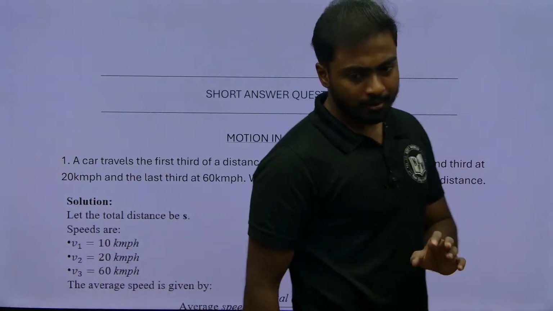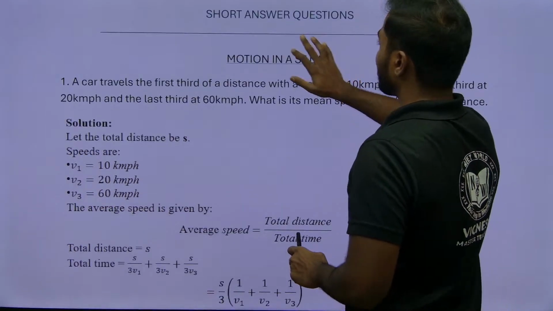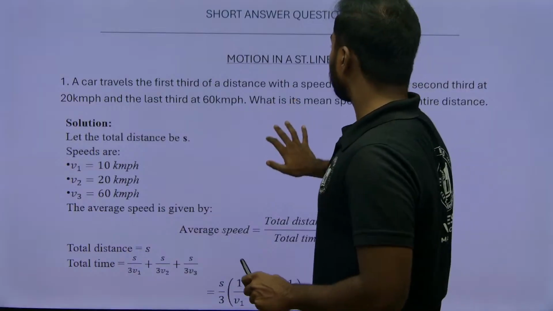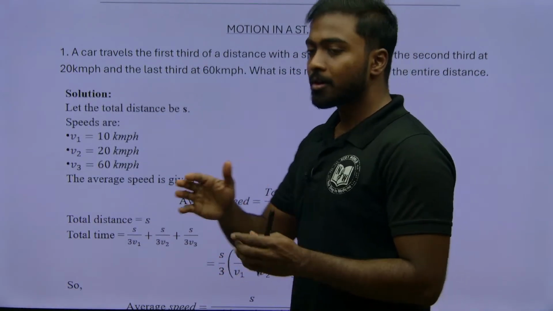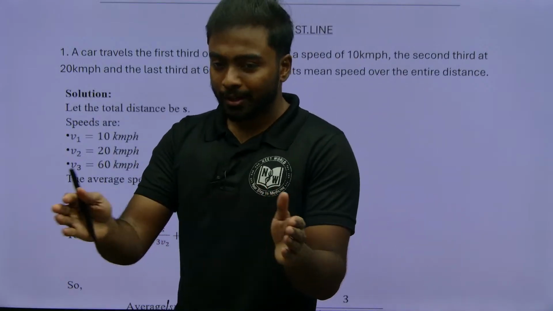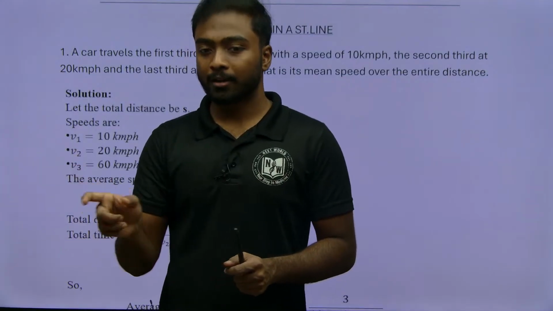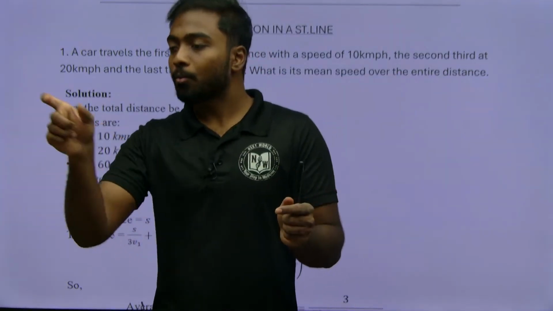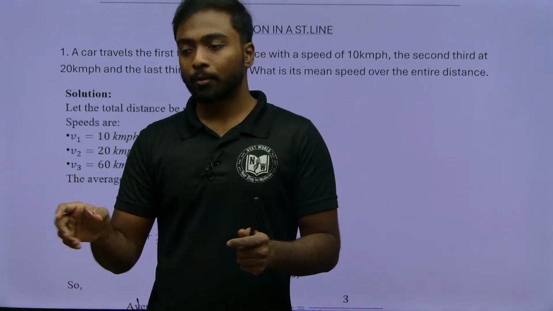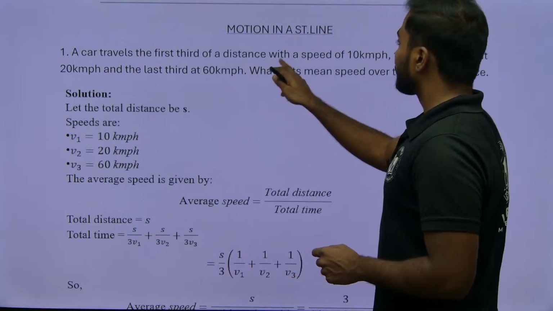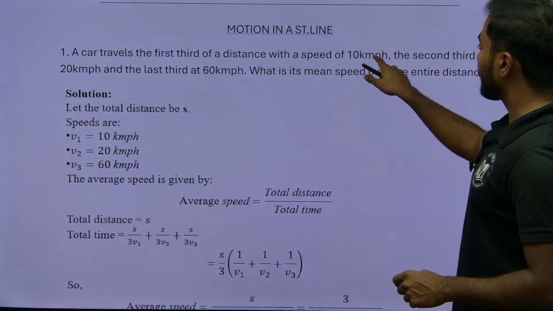You can see the question and what the given terms are. Short answer questions, motion in a straight line. A car travels the first 1/3, that is, the total distance is divided into 3 parts, and 1/3 means one part of 3, of the distance with a speed of 10 kilometer per hour, kmph means kilometer per hour.